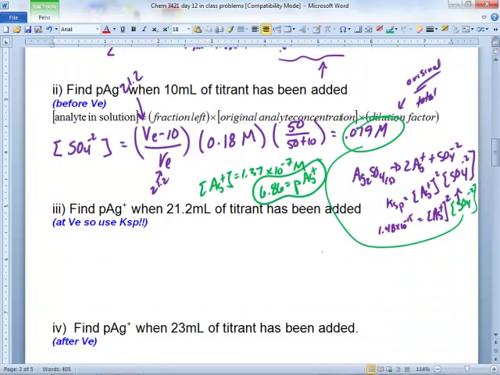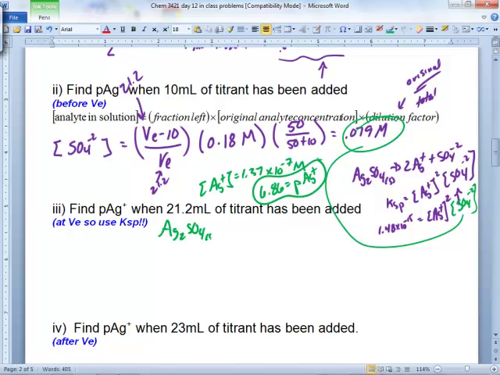And then when you're at VE, it's like VE minus 10 over VE, but now we're at VE, so it'd be VE minus VE over VE. Well, you just get 0. There's nothing left. So it's just a straight KSP problem. If you're not sure what that means, just write it out.